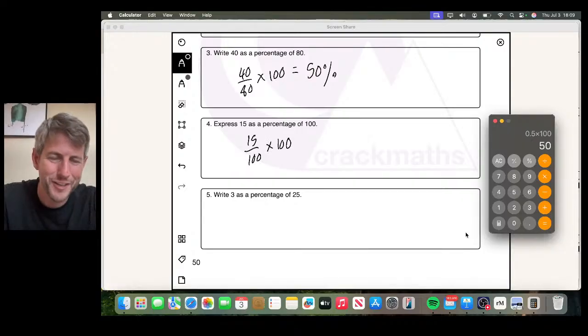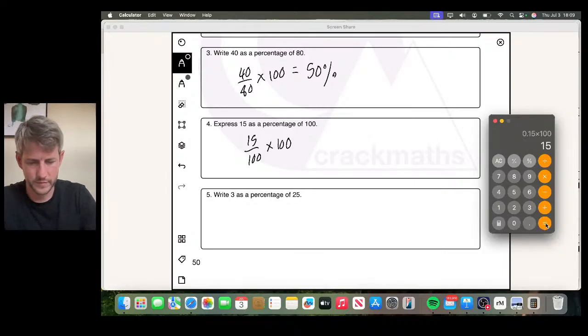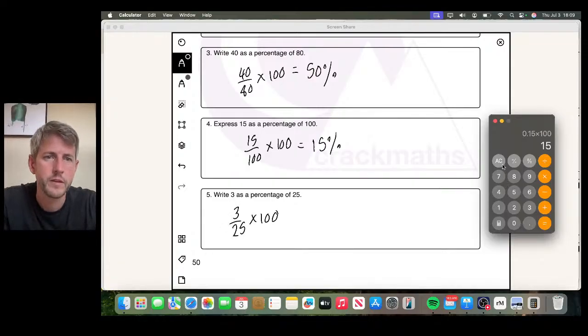I'm trying to be extra careful today, so I'm continuing to use the calculator, just because it's not worth the risk. That equals 15%. And then here we've got 3 out of 25 times 100. And let's do that here. 3 divided by 25 equals this times 100 is 12. So that's 12%.